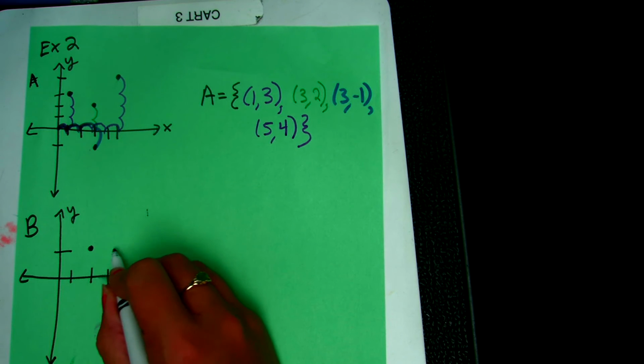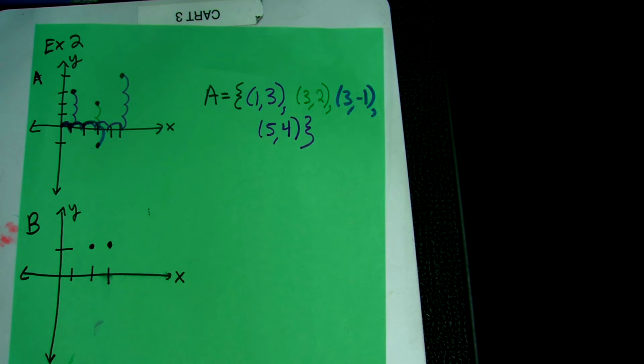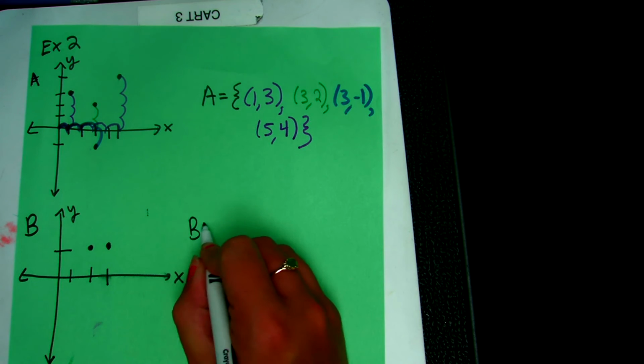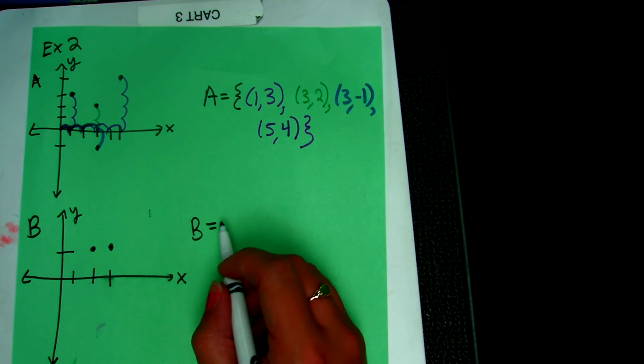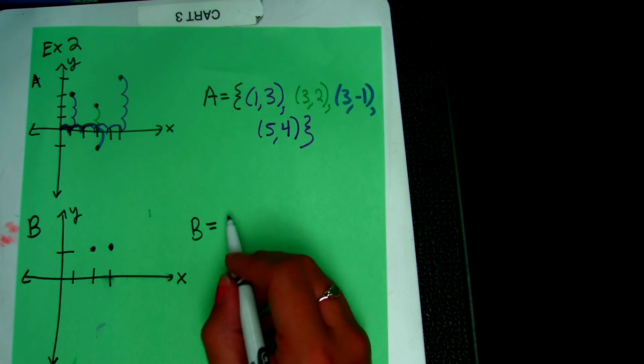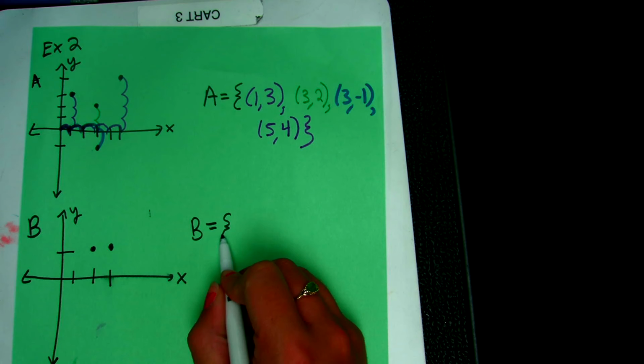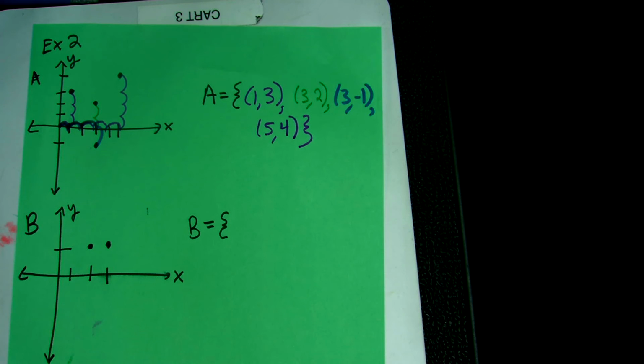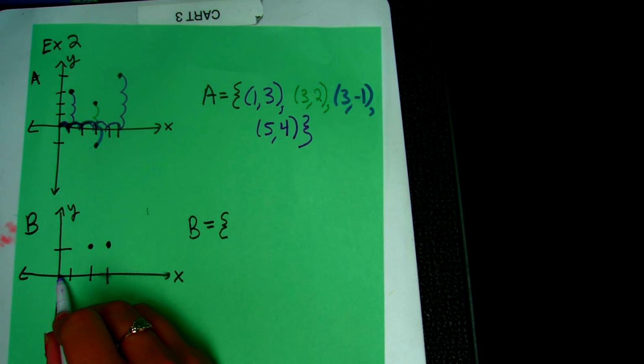So when we name this relation, we're going to call it B because it's graph B. And we're naming a relation, so we're going to go ahead and use our set brackets. This is a set of ordered pairs. So let's find what our ordered pairs are. Our first ordered pair, for our x-coordinate, we had to go 2 to the right, which is a positive 2.